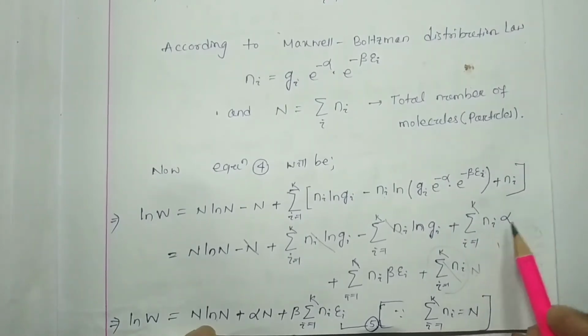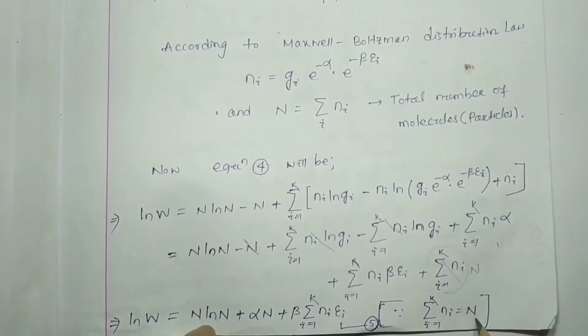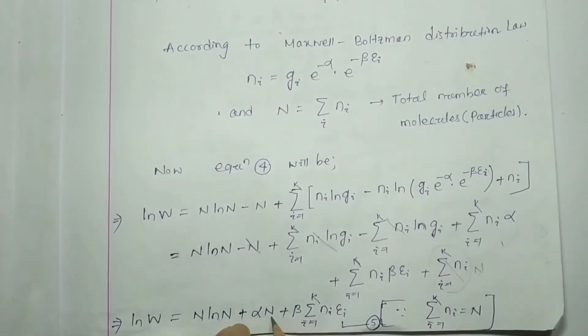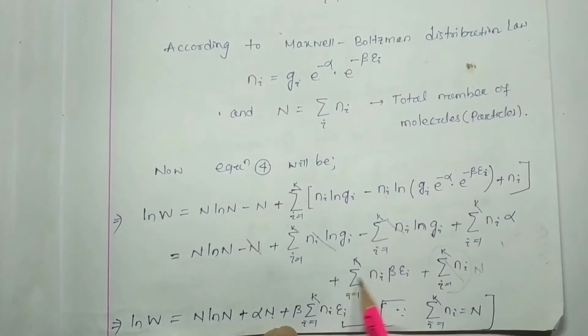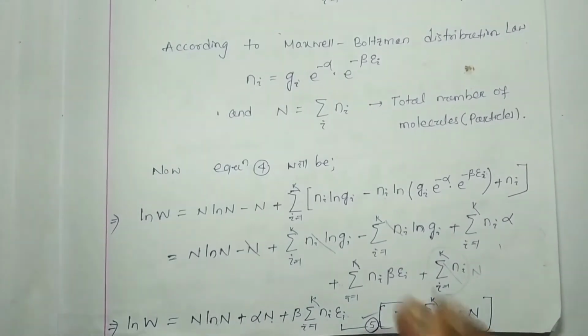Alpha is a constant, and the summation of n_i from 1 to k is nothing but N, so I can substitute N over here. So here alpha N, then beta is a constant and can be taken outside the summation, and we find beta times the summation over i equal to 1 to k of n_i epsilon_i. Let this be equation number 5.